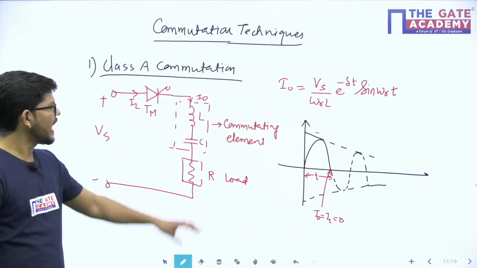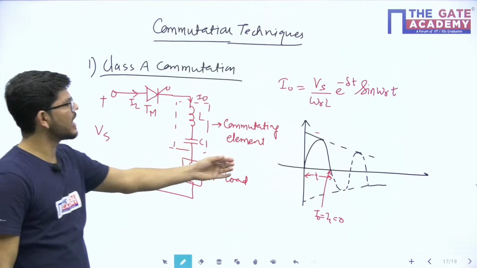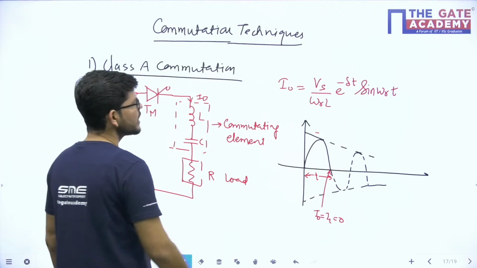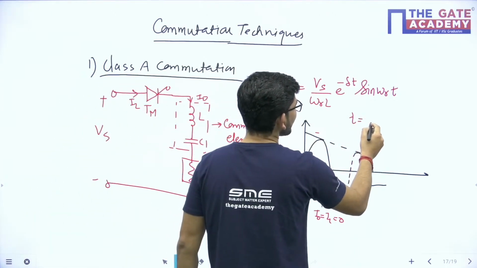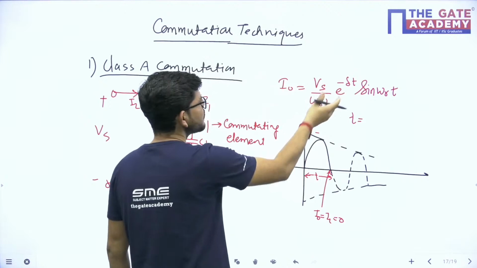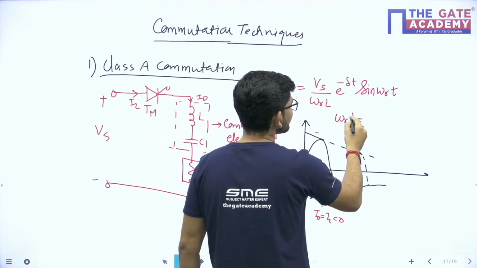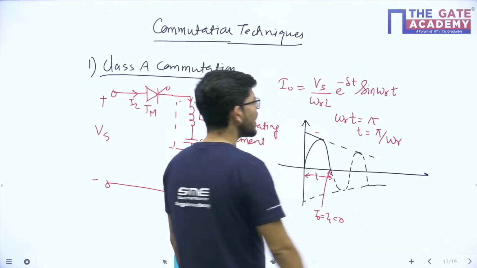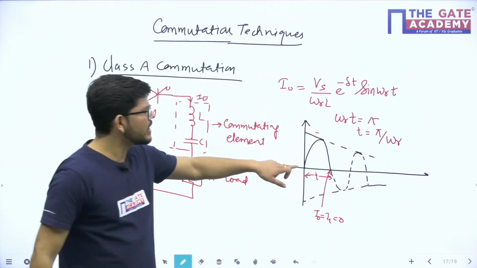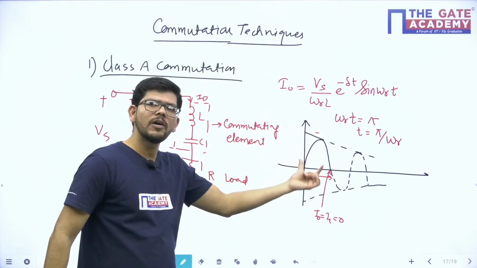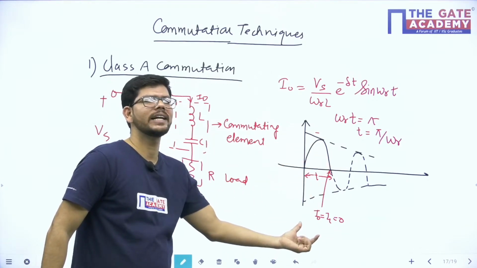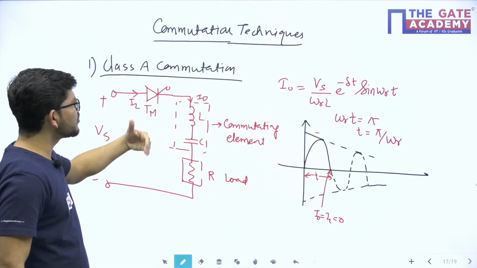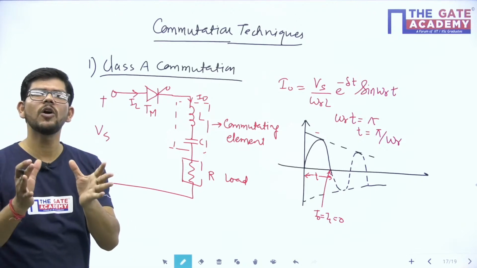Okay, so if we have these commutating elements in the circuit, the current is automatically getting equal to 0 after certain time t, and that time t is known as what? When I naught will become 0, omega R t will be equal to pi. So t will be equal to pi upon omega R. So after this time, the current will decay to 0, or it will come down below holding current, and the device will get turned off.